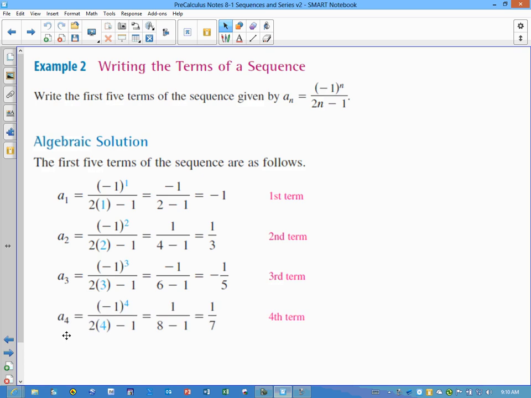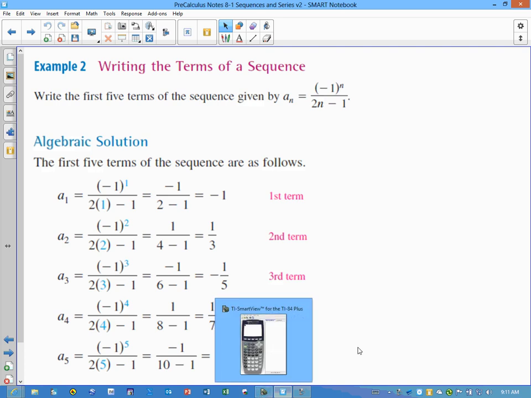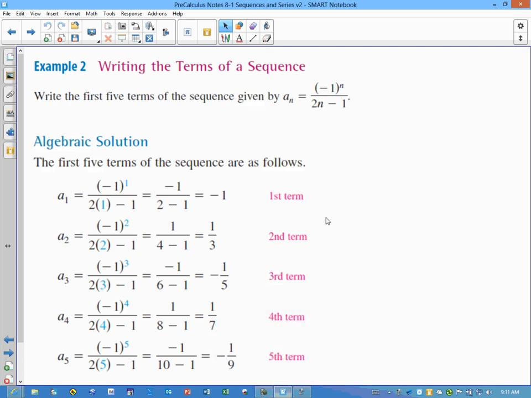Substitute n equals 4, and again, we're substituting into this same general form. We get that the fourth term is 1/7. And finally, our fifth term, a sub 5, we end up getting negative 1/9. And you can double check the arithmetic here yourselves, but it is accurate. So those are our first five terms which they wanted us to list.